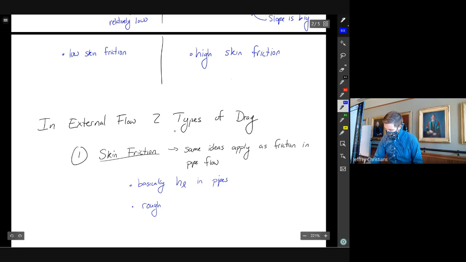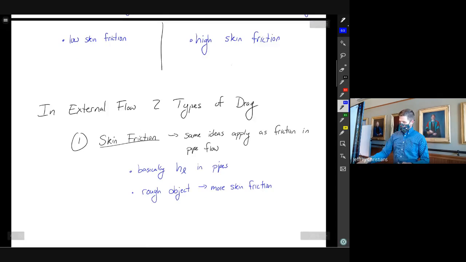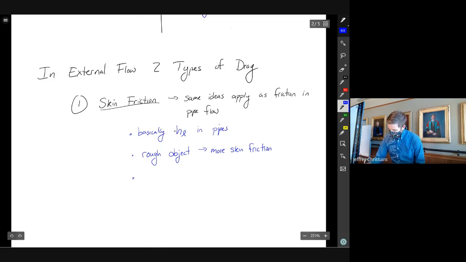So a rough object generally has more skin friction. Laminar flow has less skin friction than turbulent.